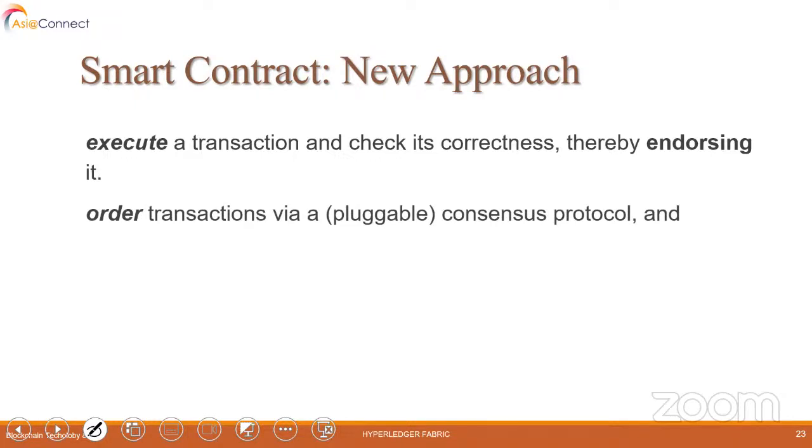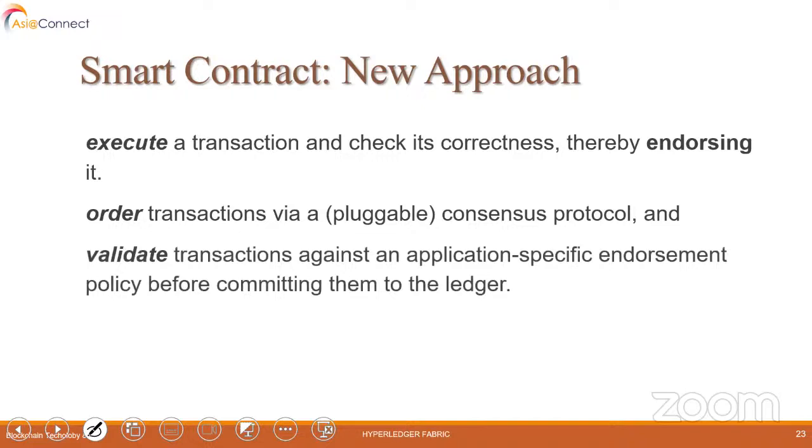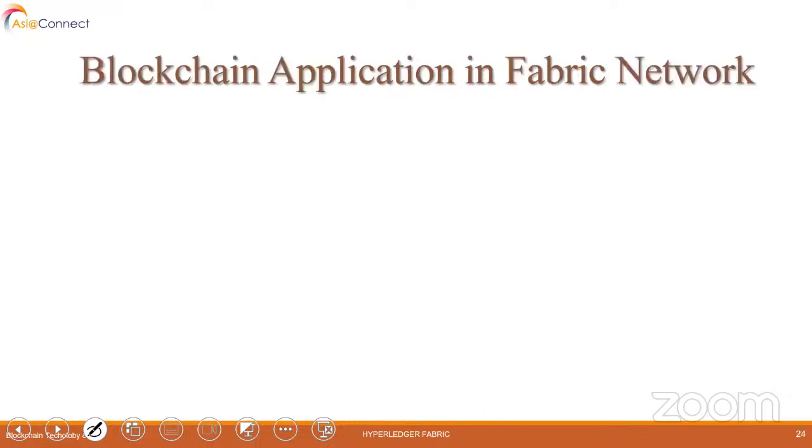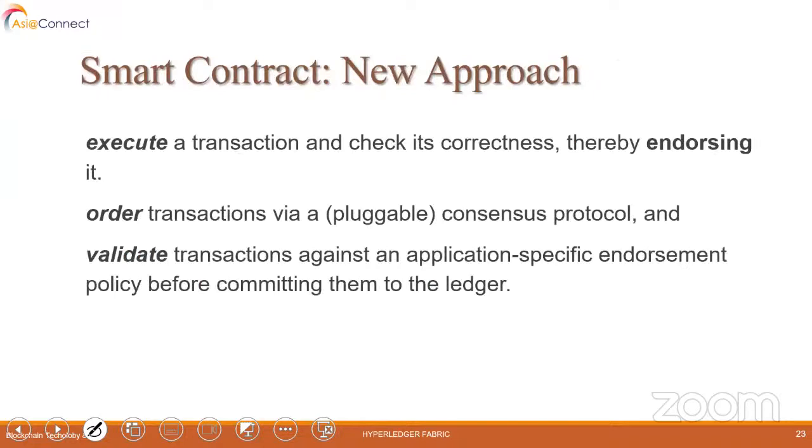Order transactions via a pluggable consensus protocol, and validate transactions against an application-specific endorsement policy before committing them to the ledger. What is very interesting here is that this execute, order, validate forms the very basis of the entire consensus mechanism in a Hyperledger blockchain network.